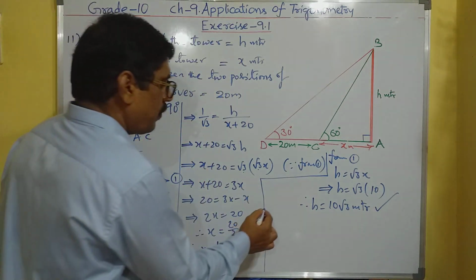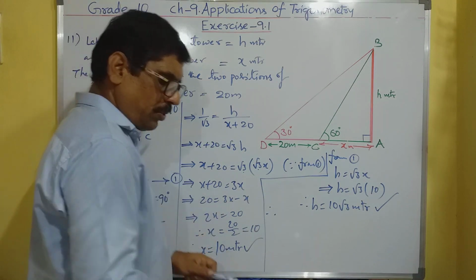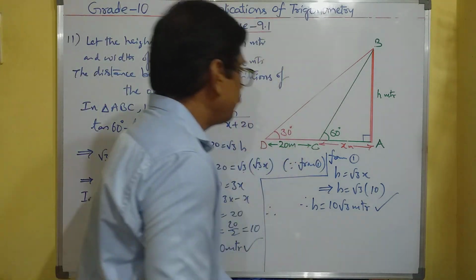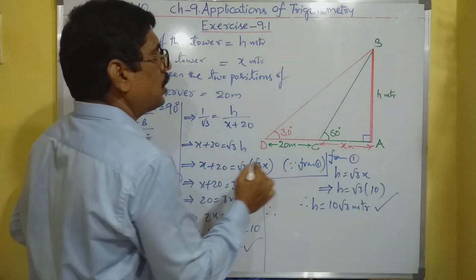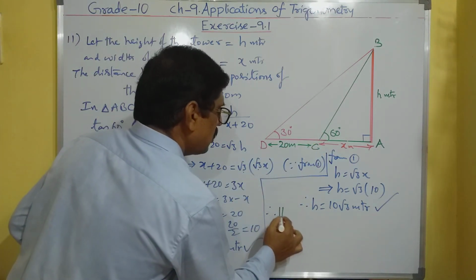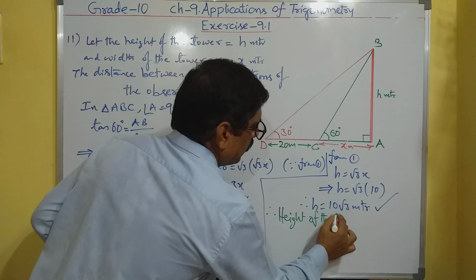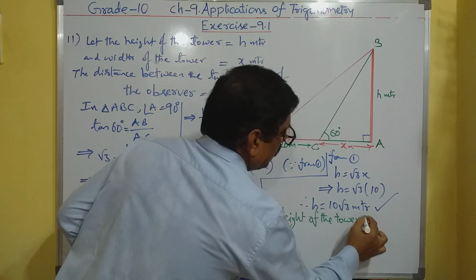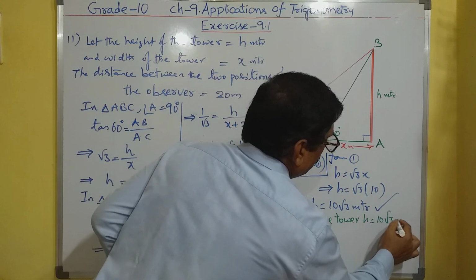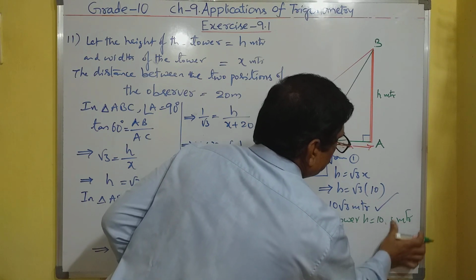Therefore, finally, we need to write the conclusion. Therefore, height of the tower h is equal to 10 root 3 meters.